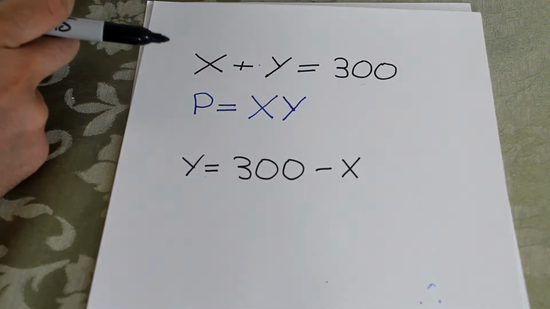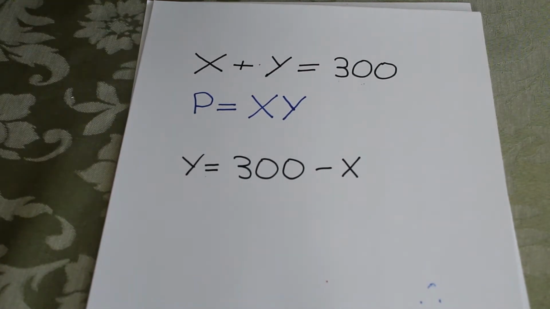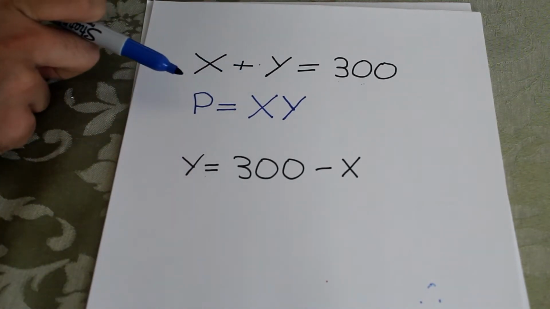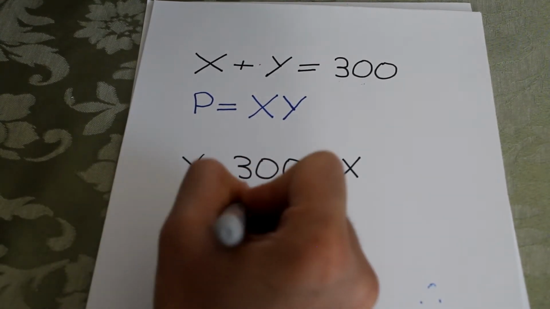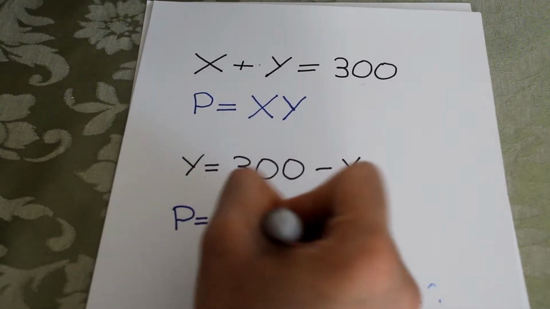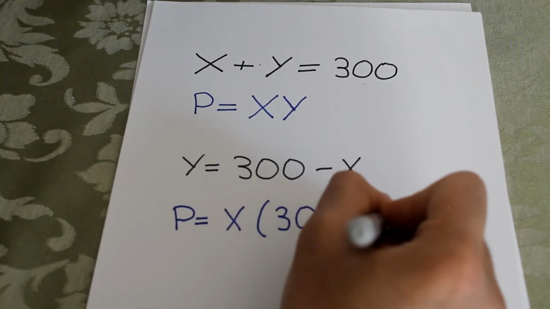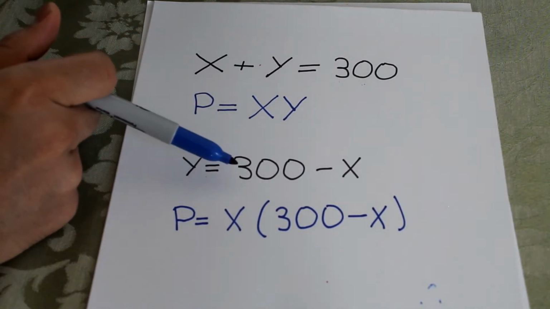All I did was subtract the x from both sides to isolate the y. Now we can just plug this in as y in the equation p equals xy. So p equals x times 300 minus x. Again, all I did was replace the y with 300 minus x.